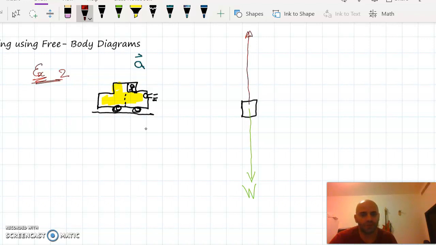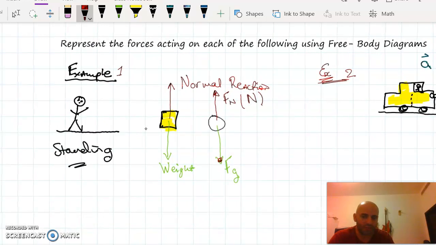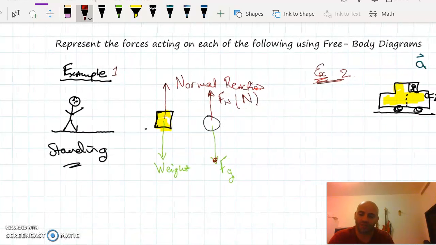That's the contact force. I'm going to call it N, uppercase N, for the force normal. This arrow should be the same size as this arrow here. So that means that in the up-down direction, the forces are balanced. Just like we saw in the last case, we had balanced forces because the arrows were the same size.